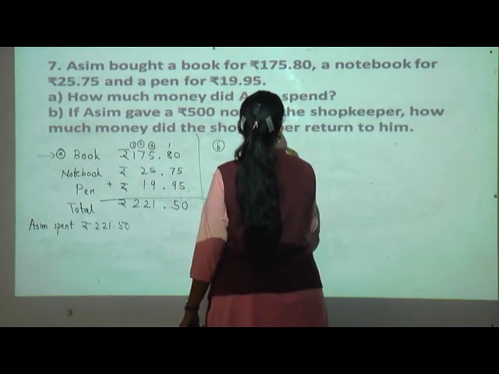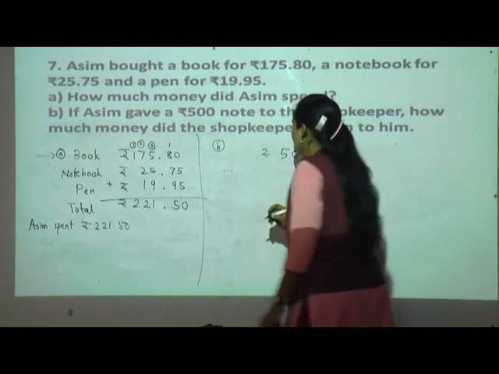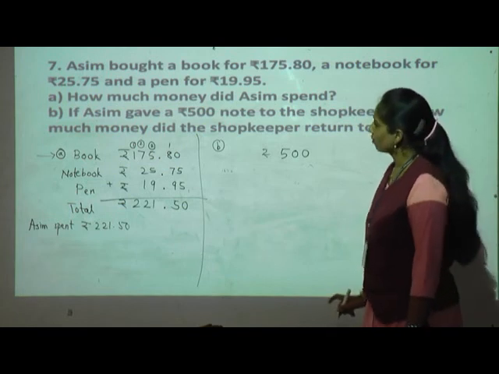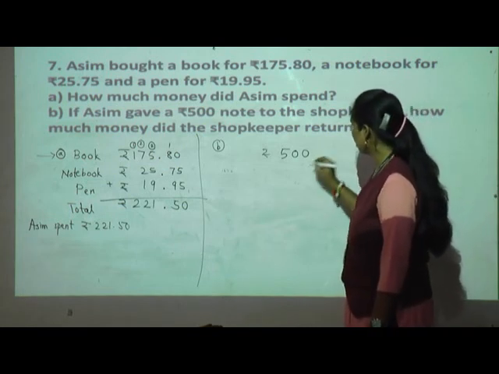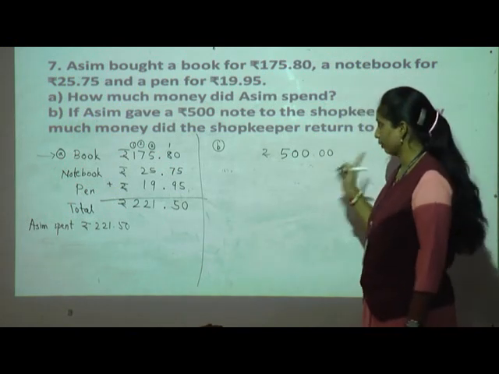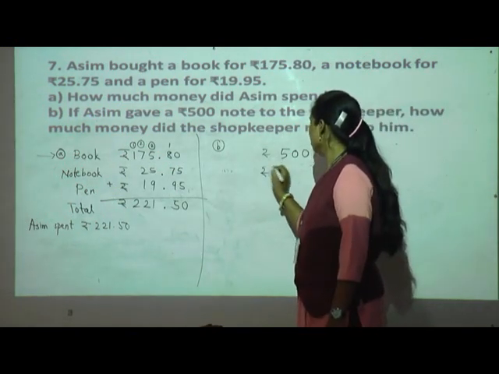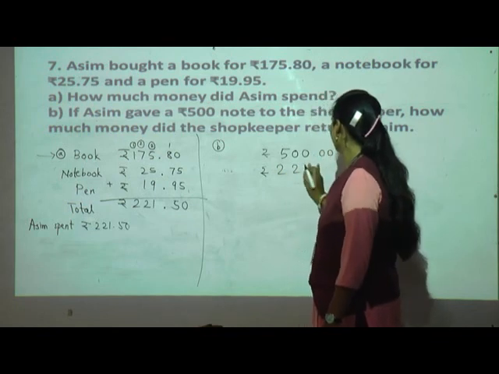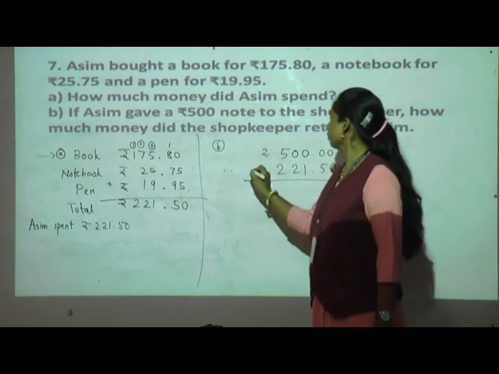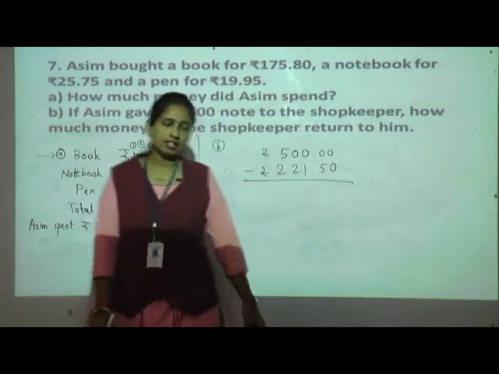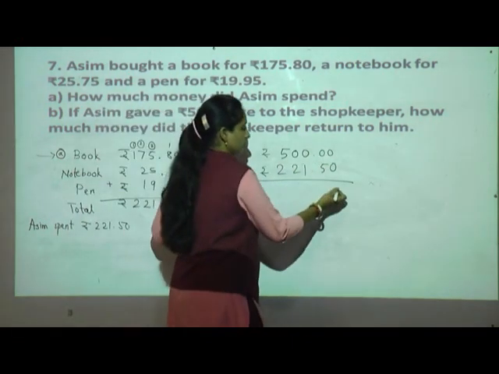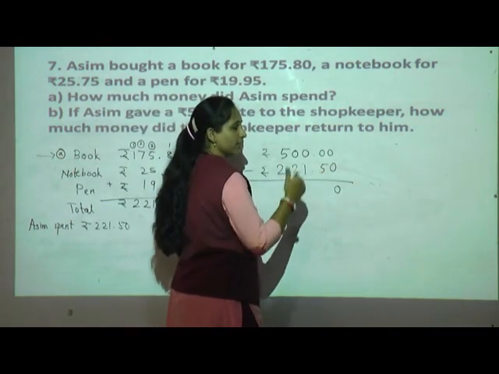So write here rupees 500. Now here decimal is there, here decimal point is not there, so we have to change into like decimal. 2 places are there, then I will give the decimal point and 2 places, and the amount is 221.50. What we have to do? Subtract, isn't it? 0 minus 0, 0. 0 minus 5, we can't do.